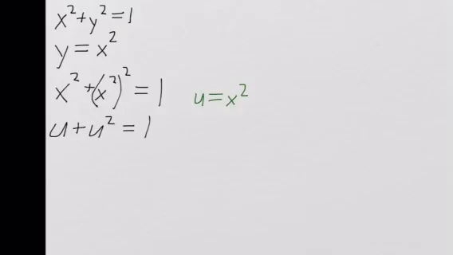And then subtract 1 from both sides. Reordering, I get u squared plus u minus 1 equals 0. And then we can go ahead and use the quadratic formula to find u.